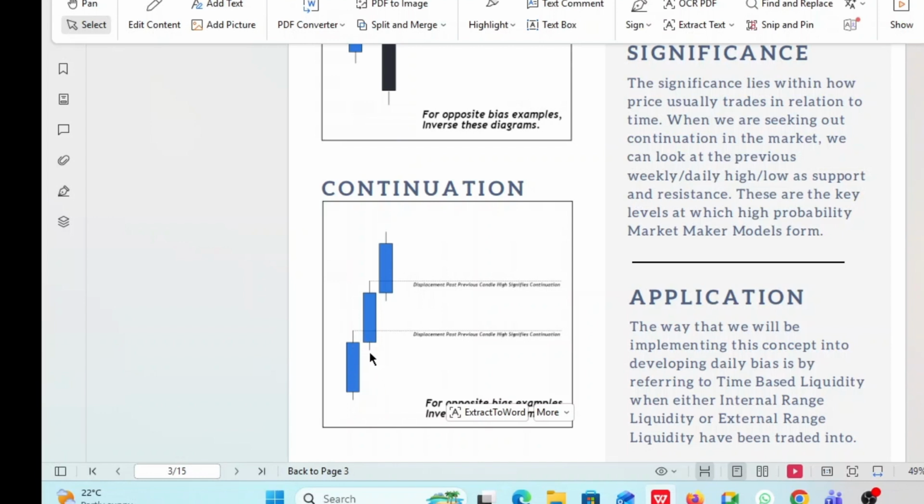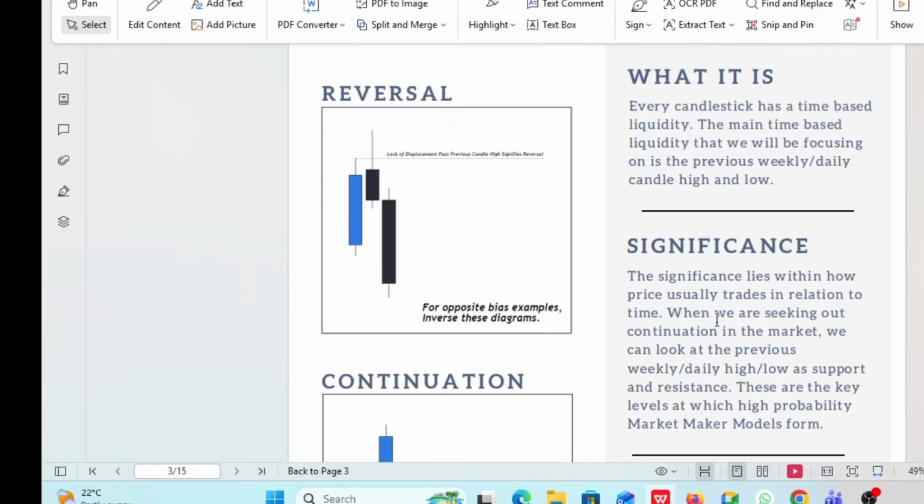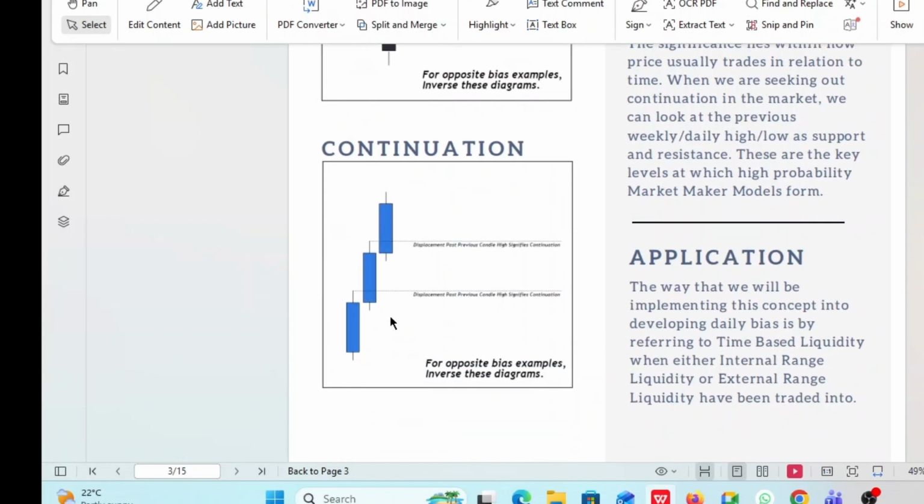The second candle swept the previous high and closed with the body, which means our next move is supposed to be continuation. So the first one is a reversal because it swept above the previous high and closed within the range, while this one is continuation because the candle swept the high and closed with the body.